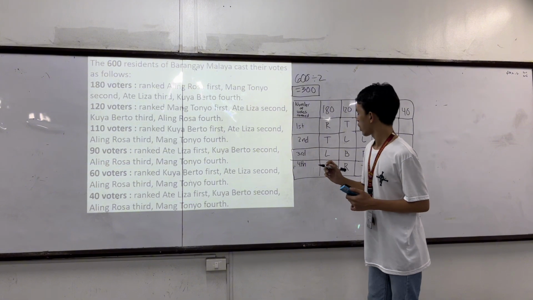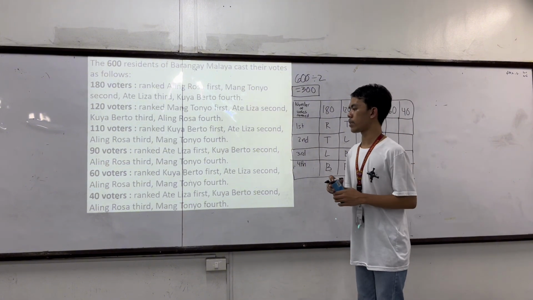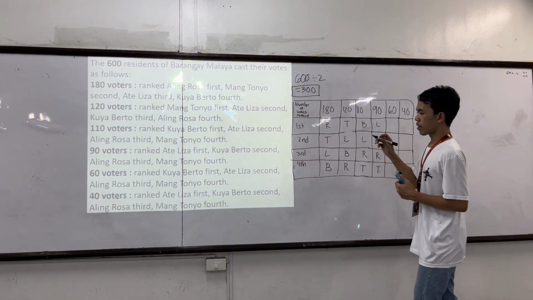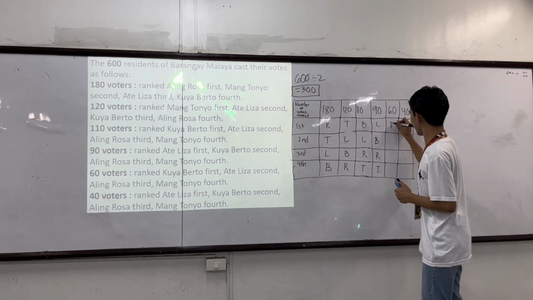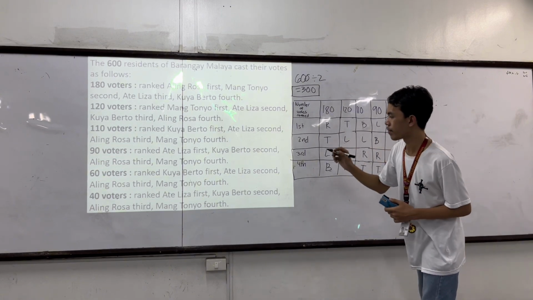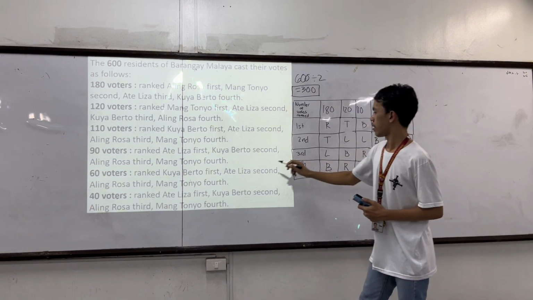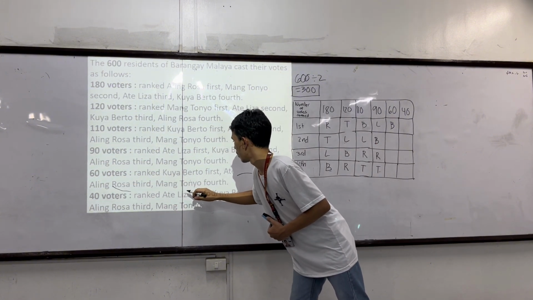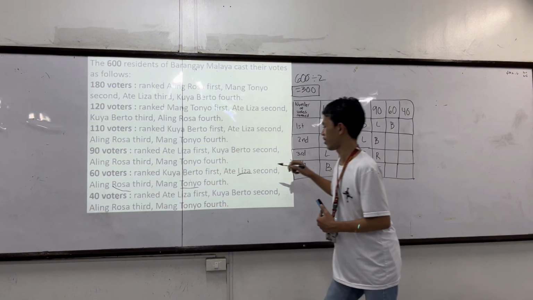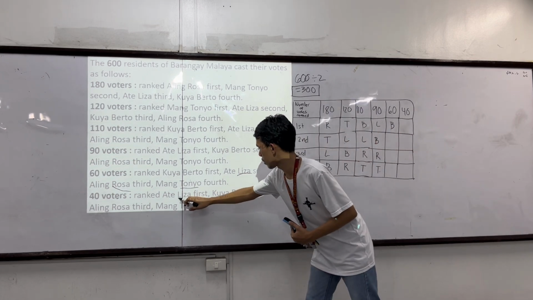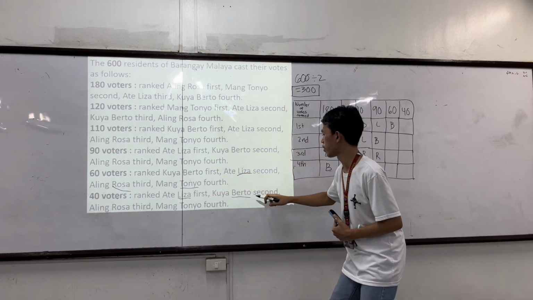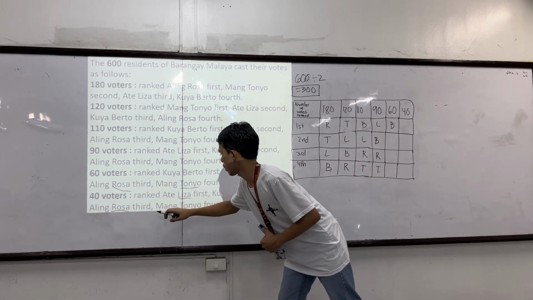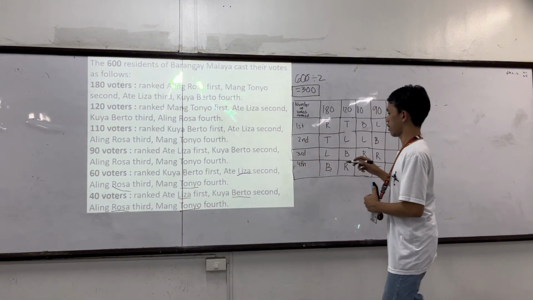In 60 voters, there's Kuya Berto first, followed by Ate Liza, Aling Rosa, and Mang Tonyo. Next, Ate Liza first, Kuya Berto, Aling Rosa, and Mang Tonyo.